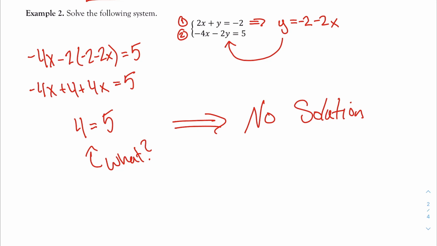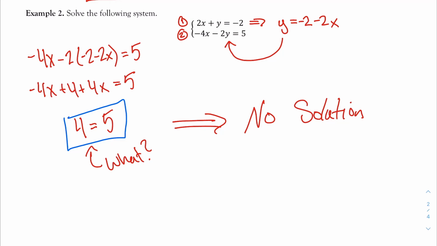What I did here is I took equation 1, solved for y, and then plugged that y back into my second equation. If I work all of this out, you should have eventually gotten a very confusing result. You would have ended up with 4 is equal to negative 5, which is a big what? That's not true.